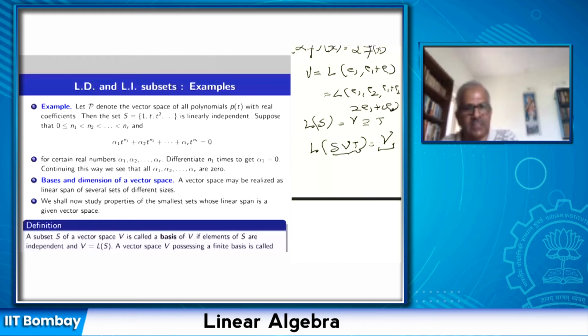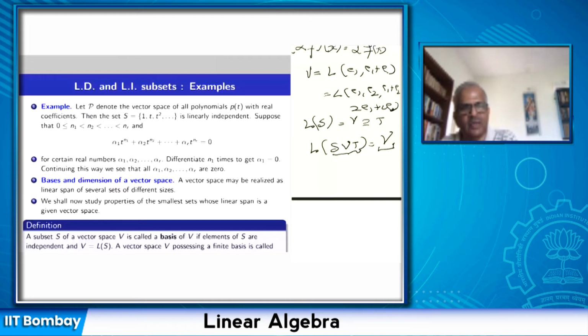And the whole space is the linear span of the given set. If the vector space is the linear span of a finite set, we will say the vector space is finite dimensional. Otherwise, it is called infinite dimensional.